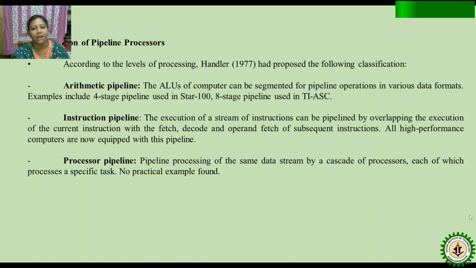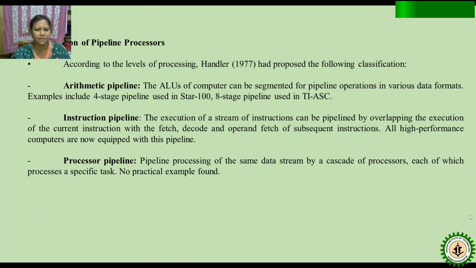In the meantime, in that cycle, the next instruction comes to the fetch stage. After the third cycle, the first instruction goes to operand fetch, the second goes to decode, and the third comes into the pipeline at fetch. In this way, in a pipeline manner, instructions are executed.